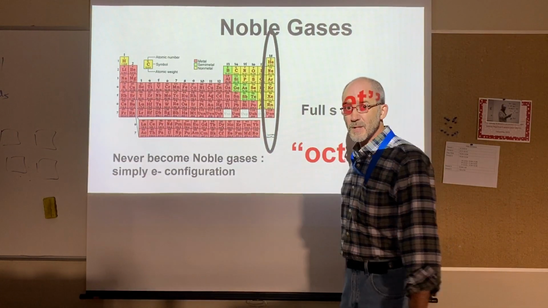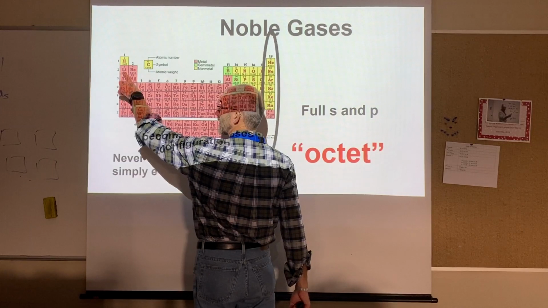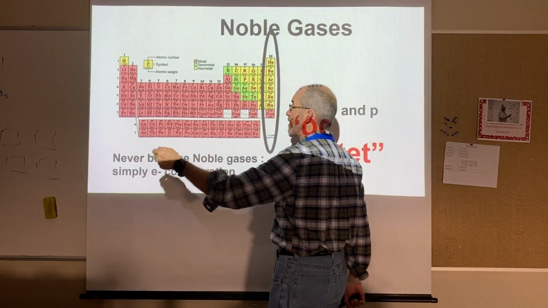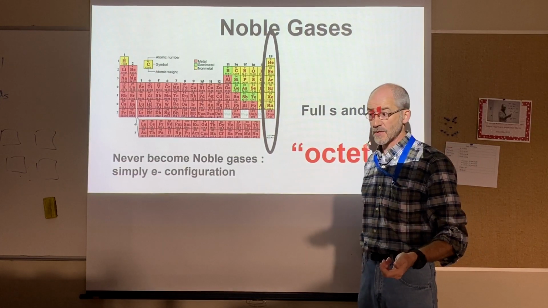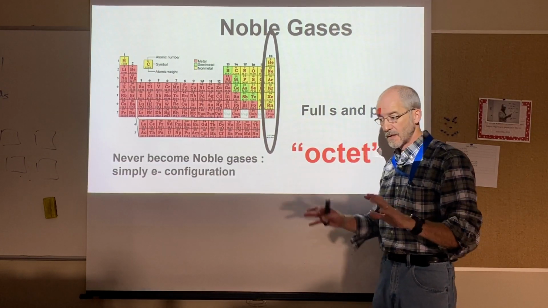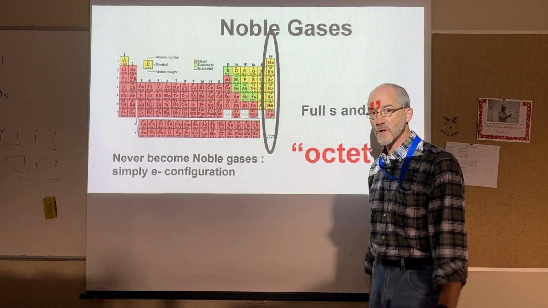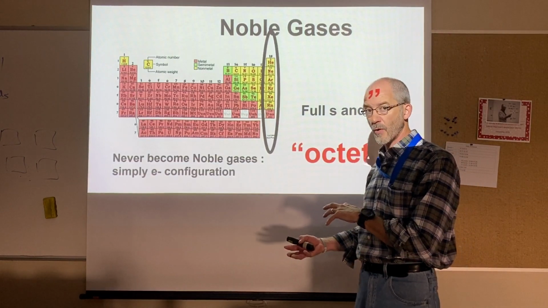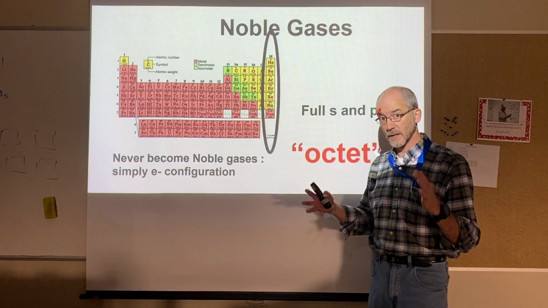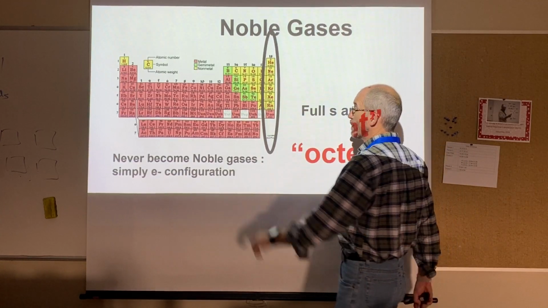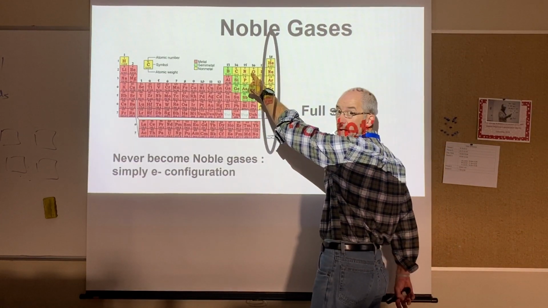So might it be easier for lithium just to give up an electron and fall back to a noble gas electron configuration? I didn't say it became a noble gas. I think sometimes we've got to be careful with how we talk. We're not becoming noble gases. We're becoming like noble gases from their electron configuration.